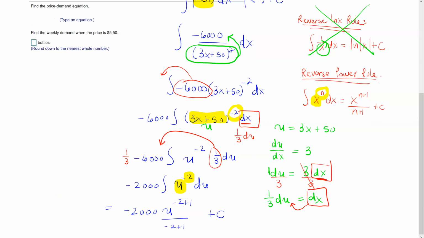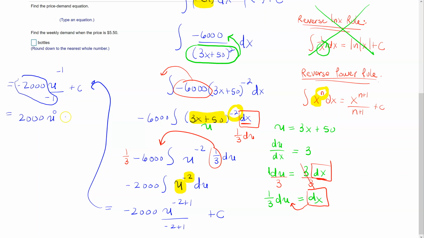I've run out of room, so let's come over here. That's going to give me negative 2,000 u to the negative 1 exponent over negative 1 as my denominator, plus c. Then I can clean that up a little bit more because negative 2,000 divided by negative 1 becomes a positive 2,000 u to the negative 1 plus c.